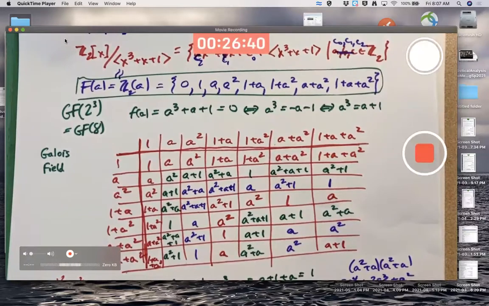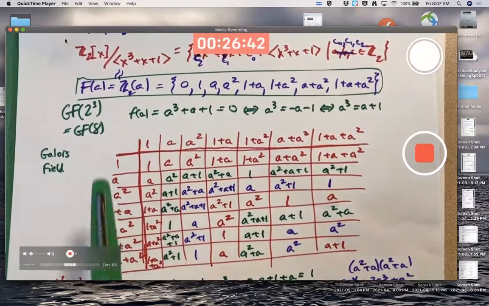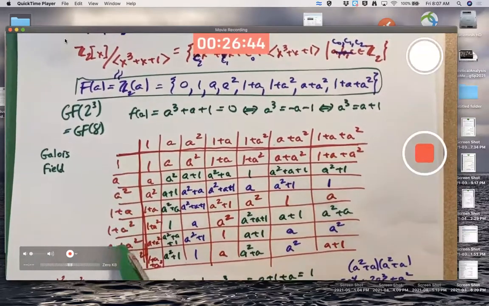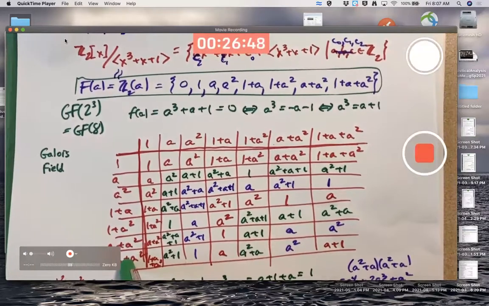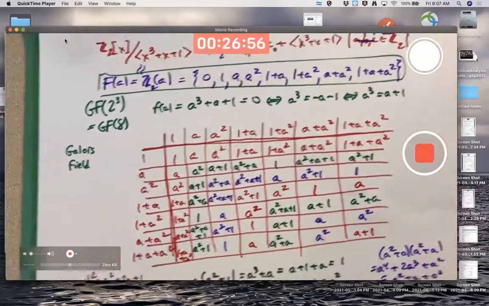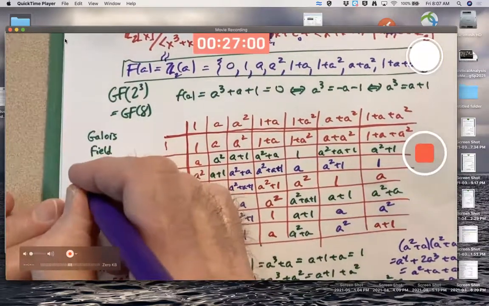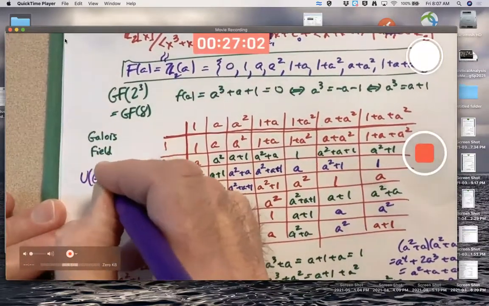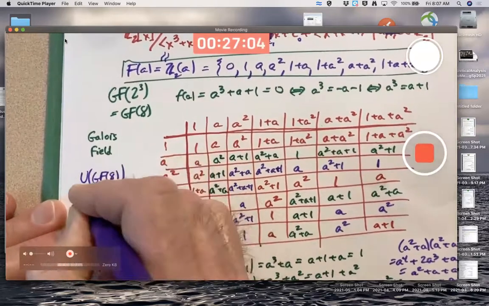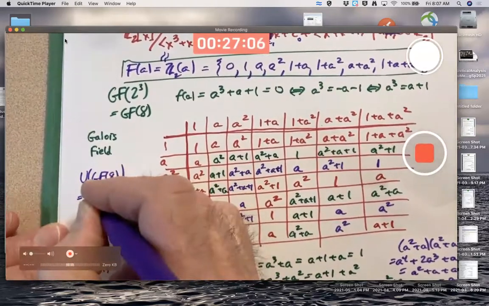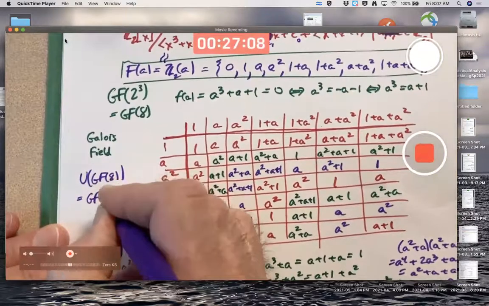And the non-zero elements, how many of them are there? There are 7, right? 1, 2, 3, 4, 5, 6, 7. The units under multiplication form a cyclic group of order 7 because 7 is prime. I could write either U(GF8) for the group of units, or as is done in the book, write GF8 with a star.